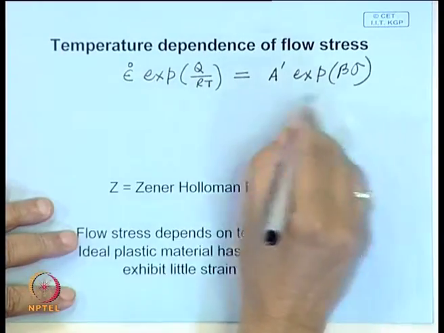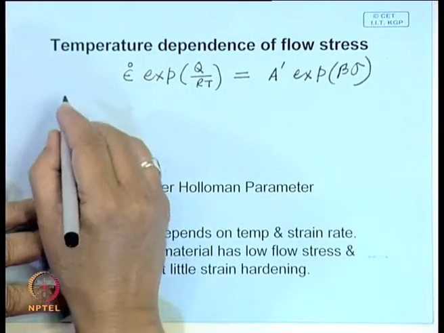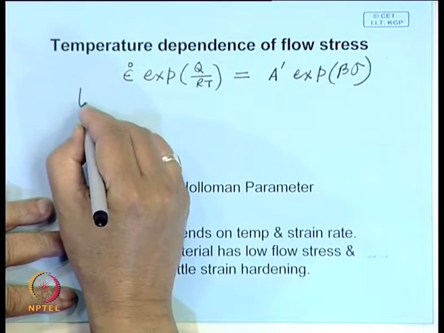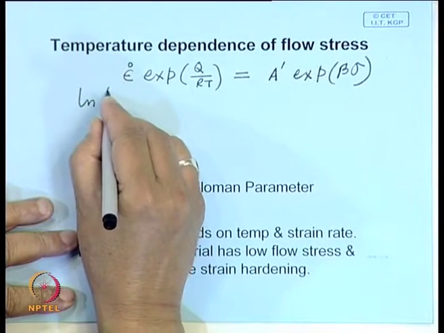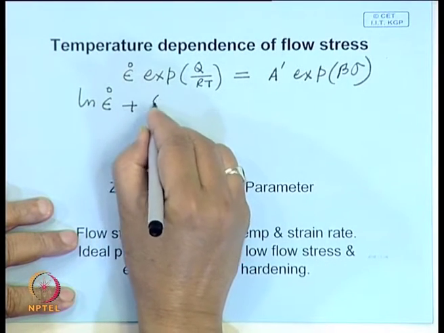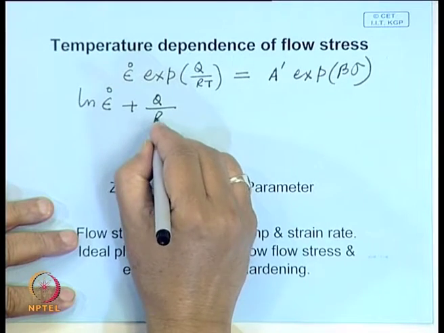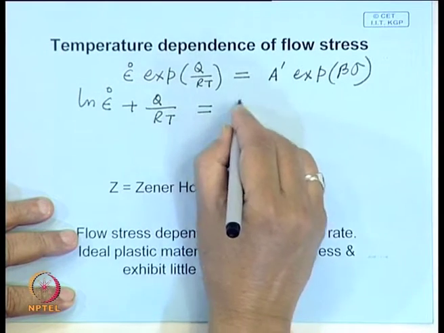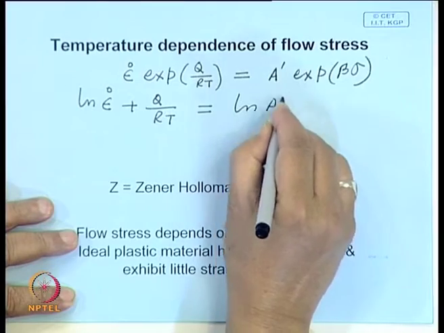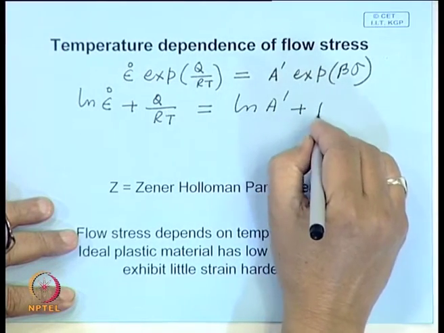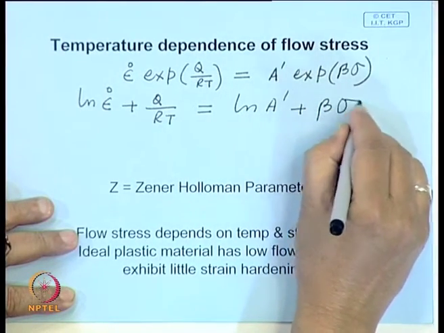Now here you will easily be able to show that if you take log, Q over RT is equal to beta and sigma.